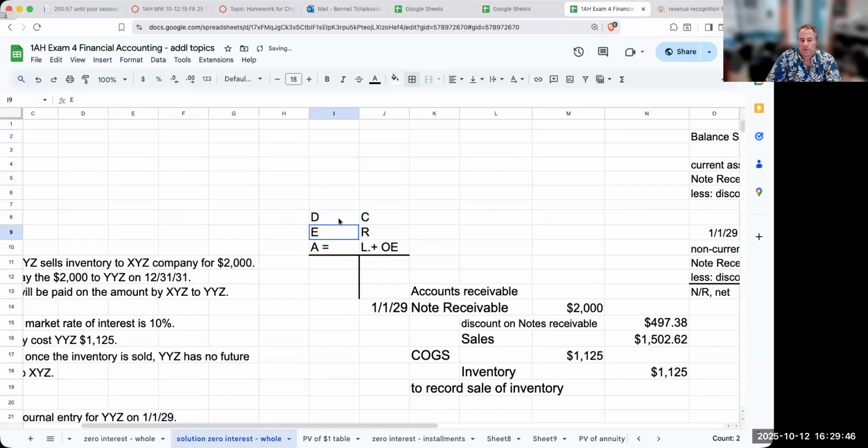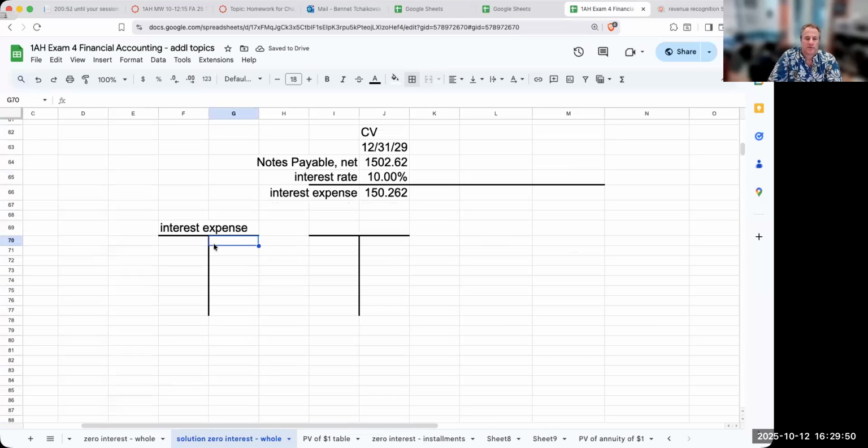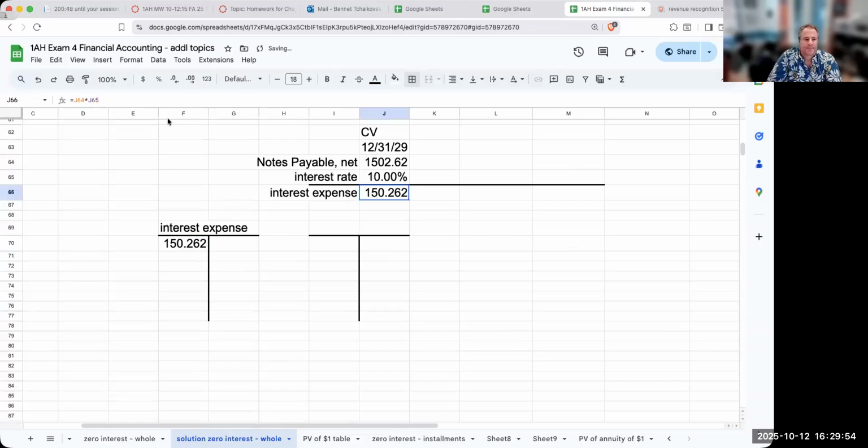Well, expenses are recorded with a debit. So I'm going to debit interest expense for $150.26. And what am I going to credit? I'm going to credit discount on notes payable for $150.26.